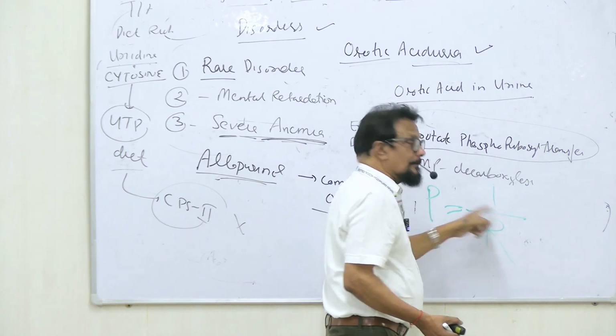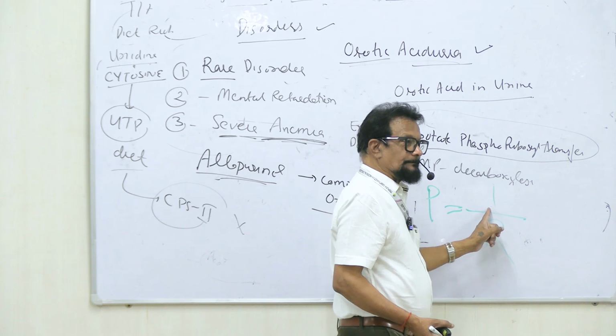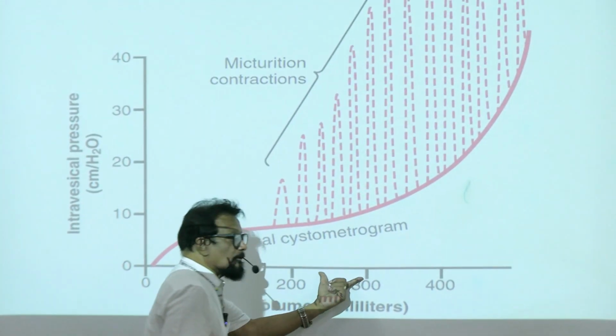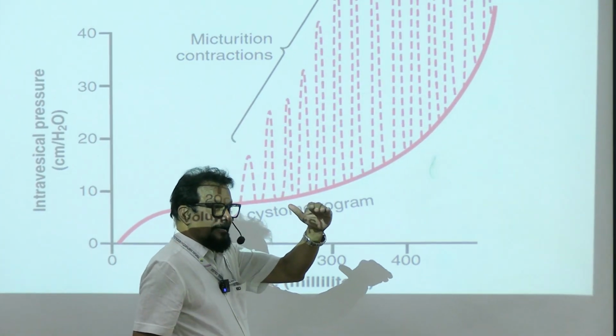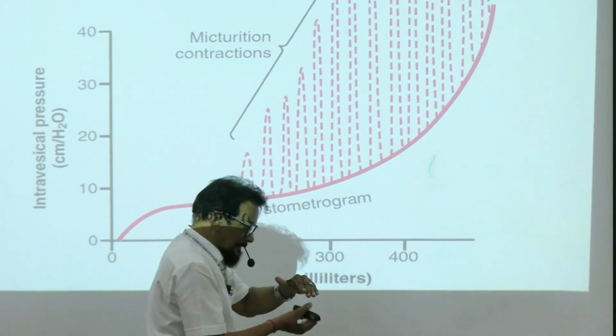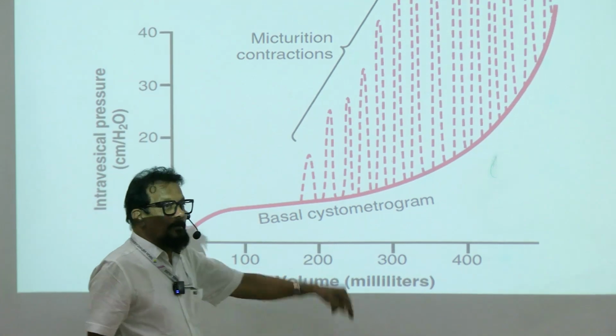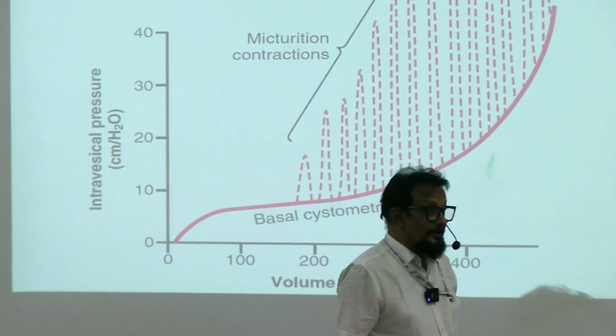So there will not be any change in pressure. So here also it happens. Increase in volume means the diameter of the bladder is increased, but pressure is not increased. So it is obeying the Laplace equation.